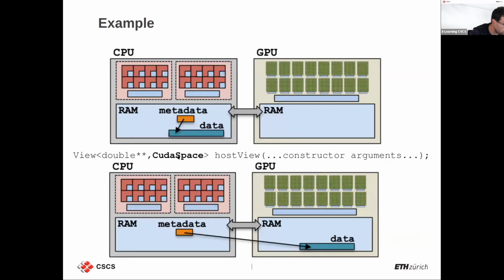Sorry, guys, there is one bug in the slide. Let's consider the first case. You have a view template type with double. Here it is wrong, the template is host space. What will happen is that you are creating the data in the host, and the metadata will still be in the host. It's not written here, I don't know why it doesn't show in the slide.